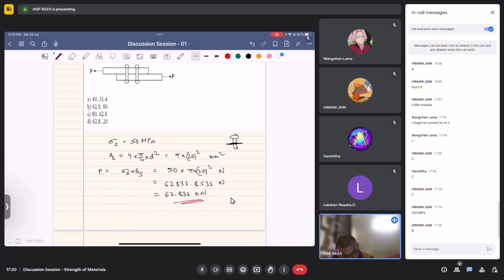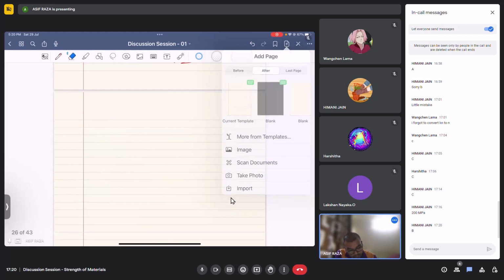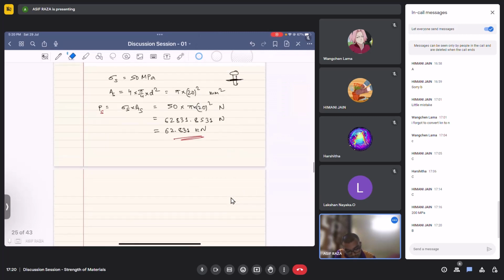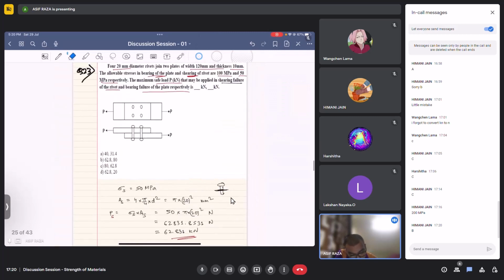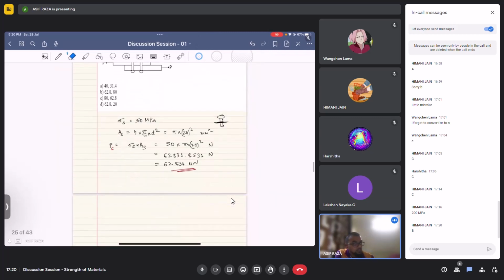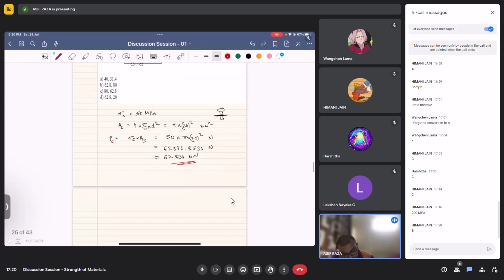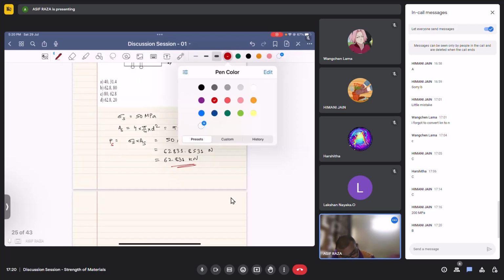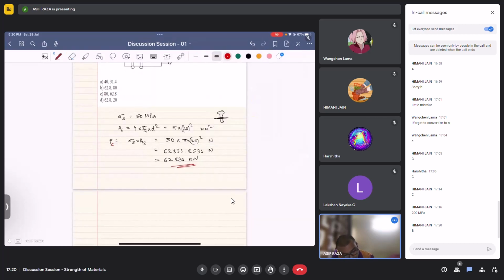Okay, next, that is in shear. What would be the answer in bearing?